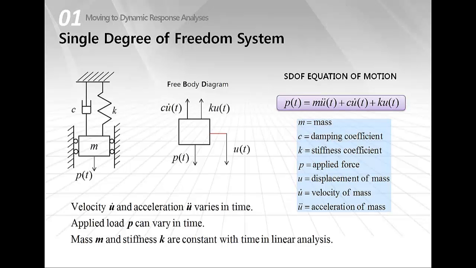What is important? If we take a look at the screen, you can notice that acceleration, velocity and of course load can vary in time. Mass and stiffness K will be constant during the calculation.